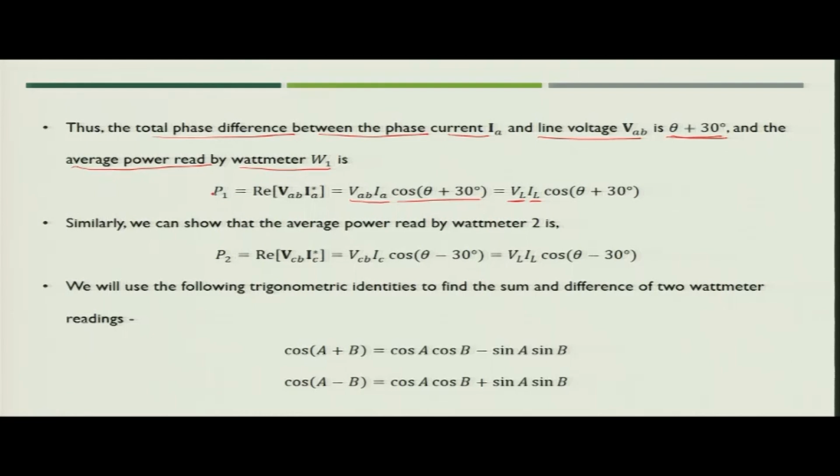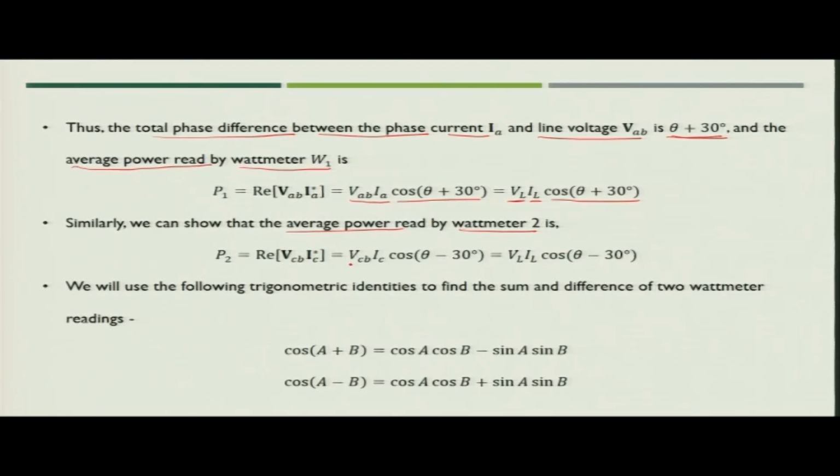So, P1, the reading which you will get from wattmeter W1, will be the value of VL IL cos(theta plus 30 degree). Similarly, the reading of the second wattmeter, P2, can be written as real of VCB into IC conjugate.